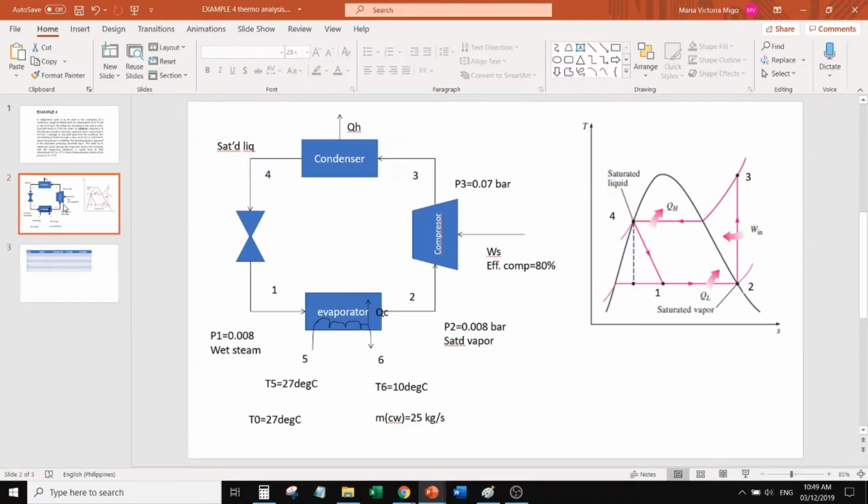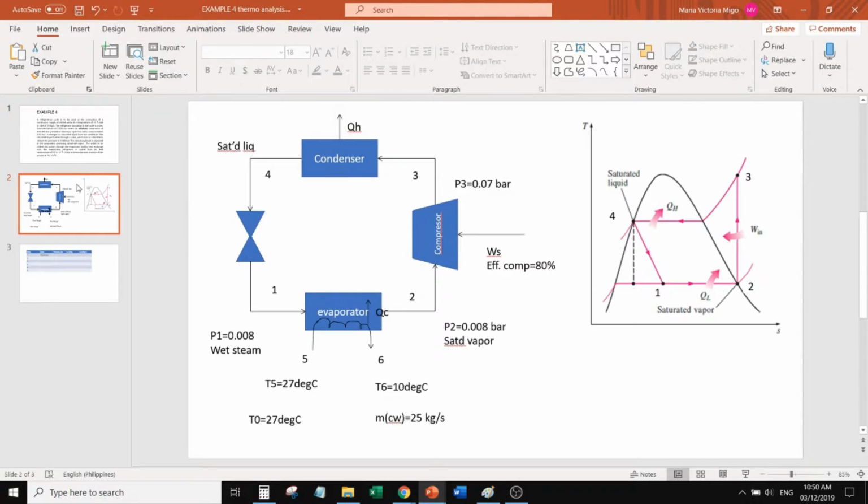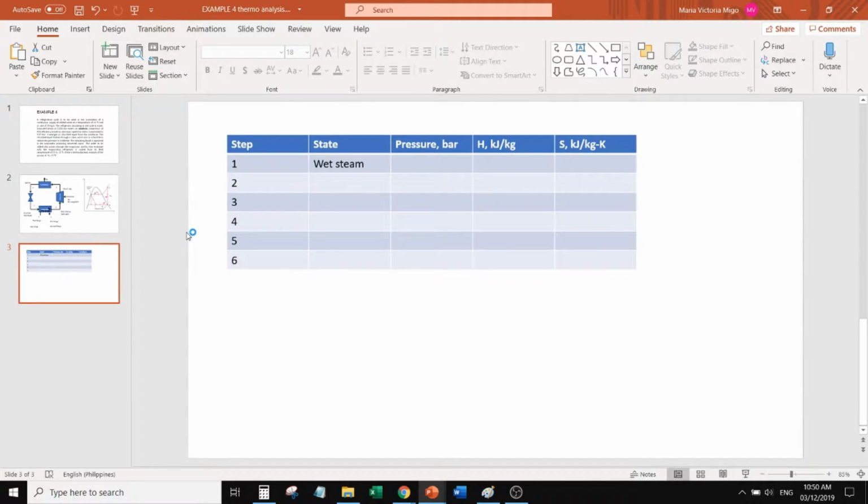In state 1, we know that it's wet steam. Do we know the pressure? Yes, we know the pressure. It's equal to state 2, which is 0.008 bar.